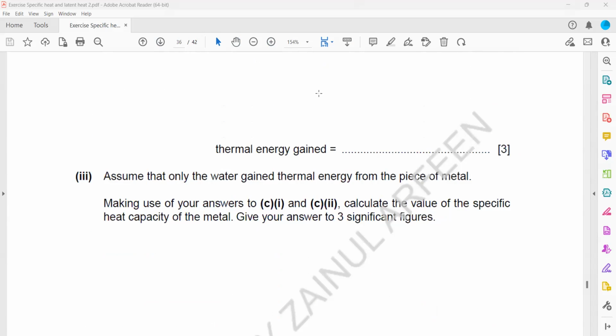What's the answer for this part? How much thermal energy is gained by the water? c m delta T. So 1512 joules. And we assume that all this energy is lost by the metal.